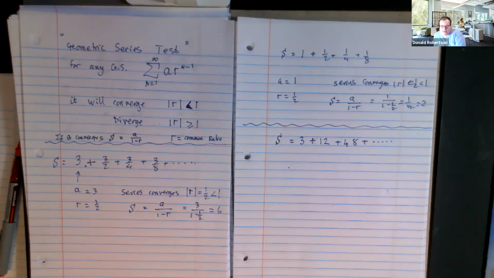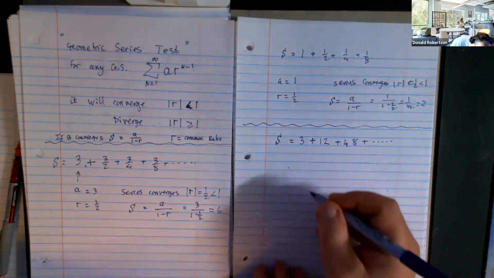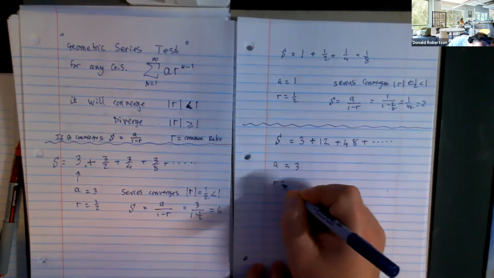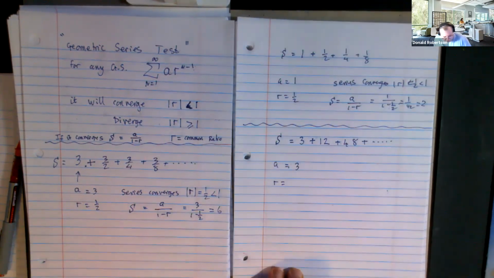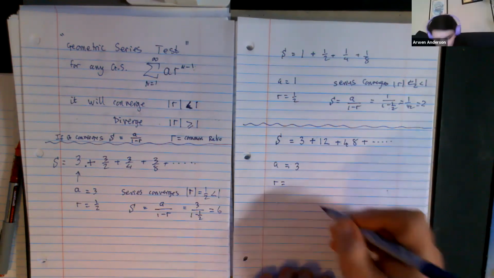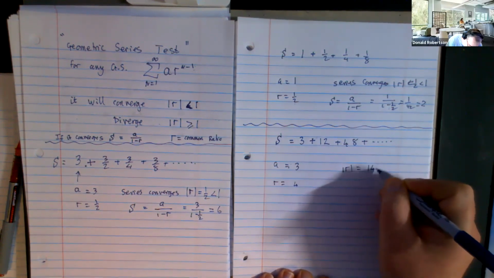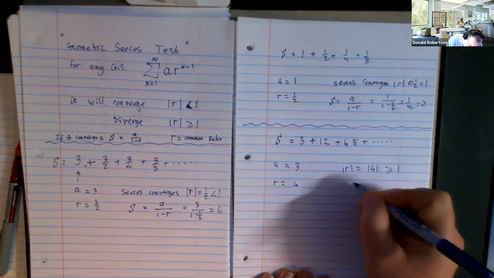There's a geometric series. The first number is 3. What's the common ratio? Times 4. Would you agree that the absolute value of 4 is definitely bigger than or equal to 1?